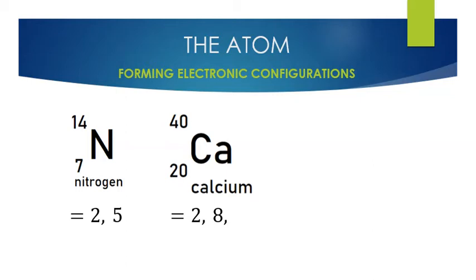You should also note that we can't put the number 18 here because the electrons that are left are not 18. They are just simply 10. So we put our 8 there. Now, we're left with 2 electrons. What do we do to that 2? Well, we add it there. And that's the electronic configuration of calcium.